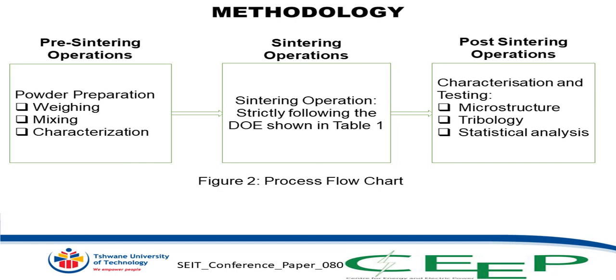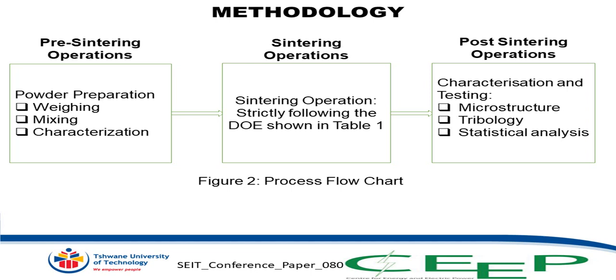Methodology. This work was divided into three major parts, namely pre-sintering operations, sintering operations, and post-sintering operations. In pre-sintering operation, we had weighing of the powder, mixing of the powder, and characterization of the powder.